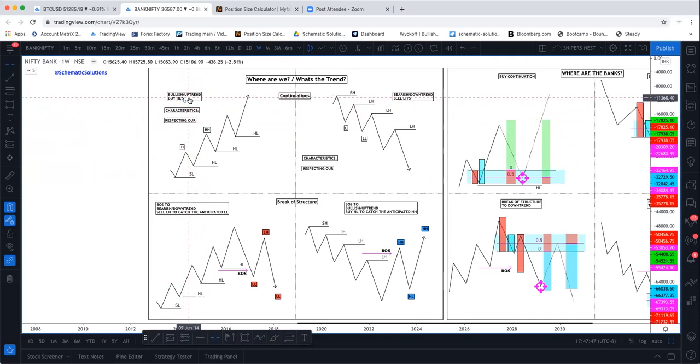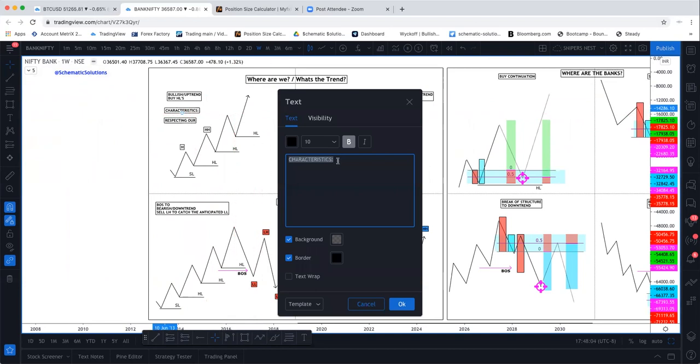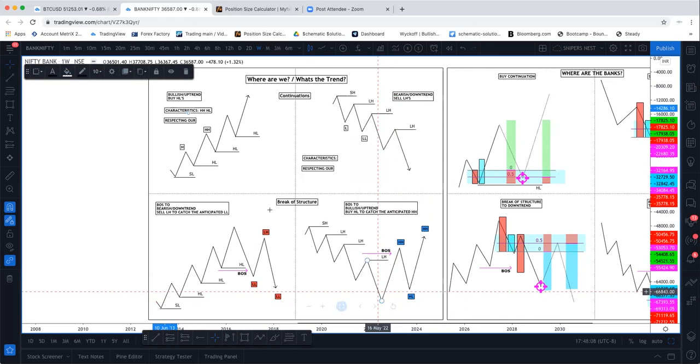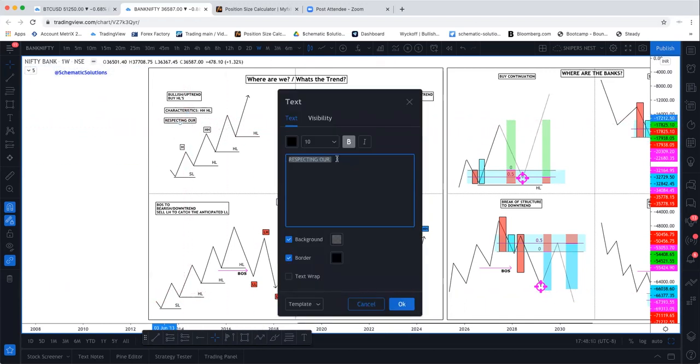That is what we look for in an uptrend or a bullish trend. So ultimately, whenever we're bullish or in an uptrend, we're always going to look to buy the higher lows. The reason why we're looking to buy the higher lows is simply because we want to buy at the higher low so we could catch the next anticipated higher high. So our characteristics: higher high, higher low, and we expect in an uptrend for price to be respecting our lows and making new highs.